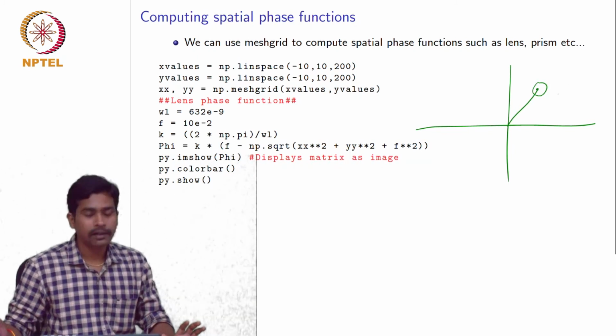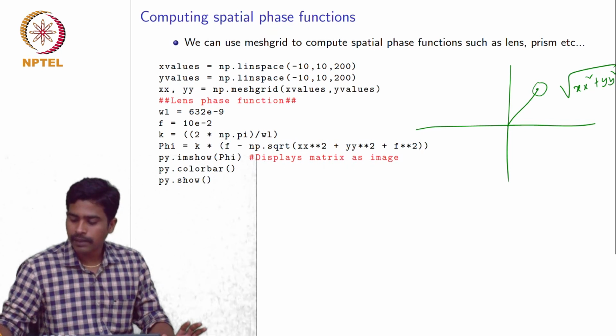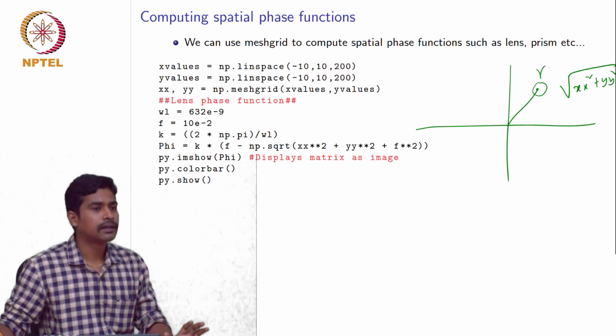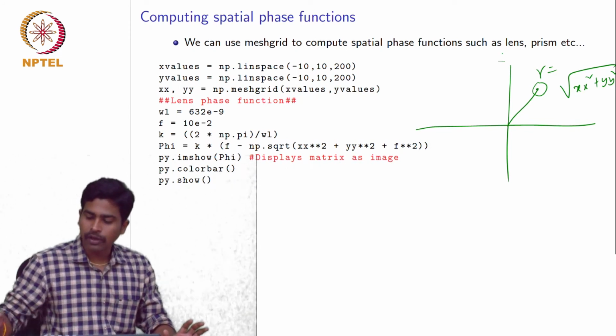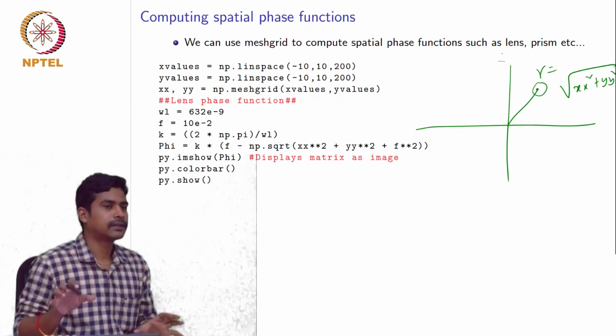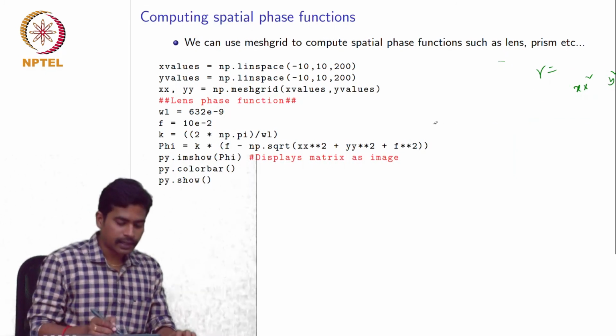If there is a point here, the radial distance is given by the square root of xx square plus yy square, right? And if you say r equals this, it converts all these xx and yy into radial points. Okay, so that is what we have done here. Or if this is too complicated, just forget it.